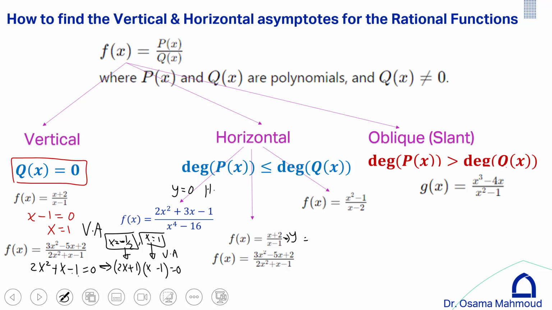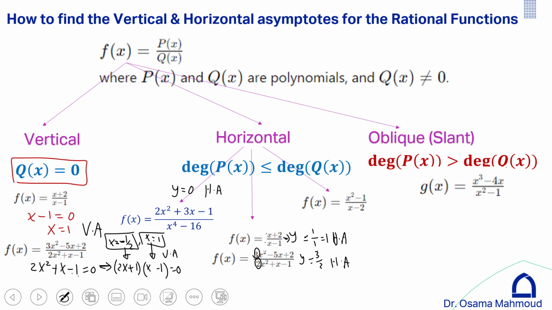In general, you take the coefficient of the highest power in both numerator and denominator. So 1 over 1, so you have y equal to 1. This is a horizontal asymptote. Here, in this case, y equal to the highest power coefficient over the highest power coefficient. So you have 3 over 2 as the horizontal asymptote.